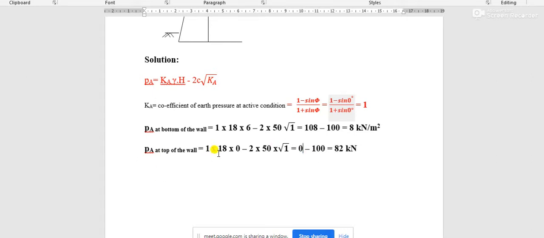Sorry, 1 multiplied by 18 multiplied by 0, this one is 0, and this one is 100, but the sign is minus, minus 100 kilonewton per meter square.